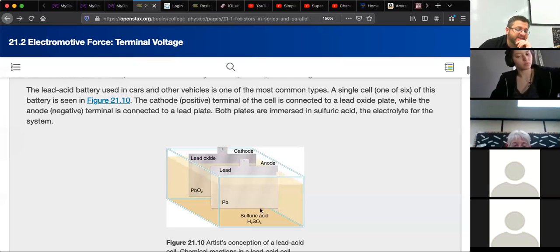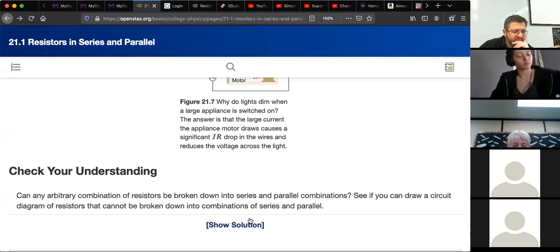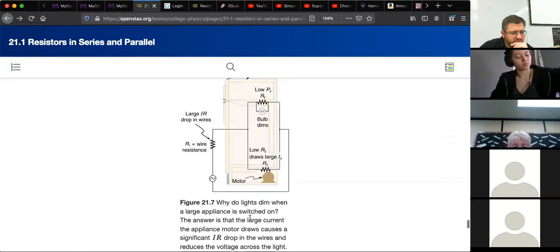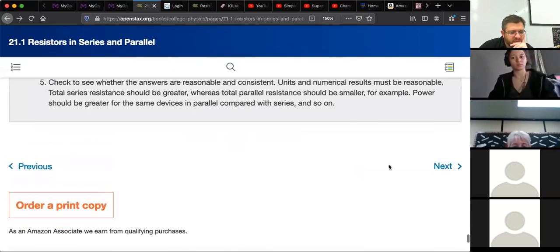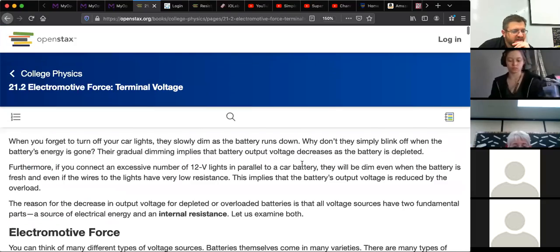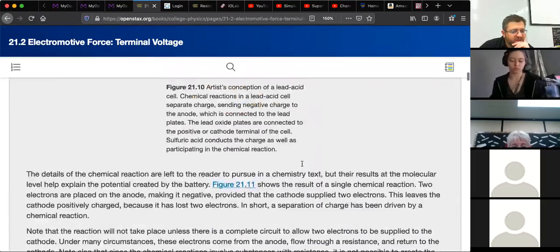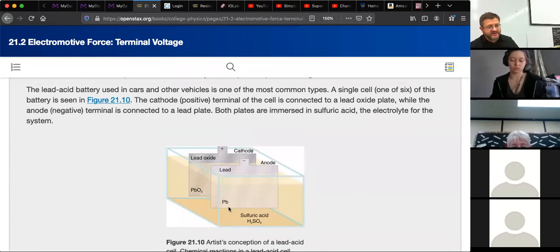And so these ions are charges. They are the things that transport the charge inside the battery. Because you have a lead oxide and a lead in here, these two things have different electronegativity properties. One of them attracts negative charges more, one of them attracts positive charges more.